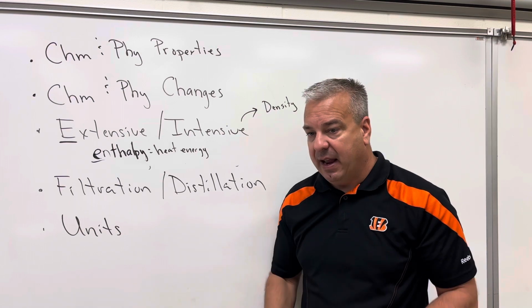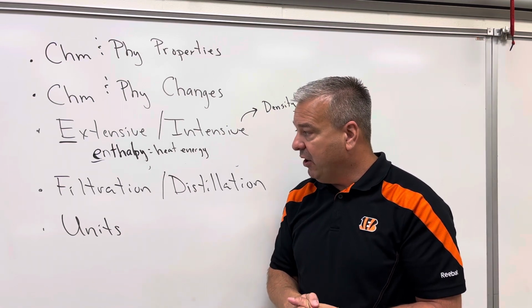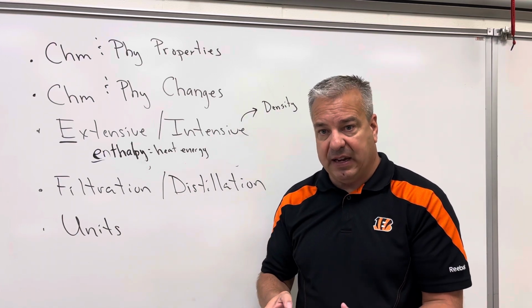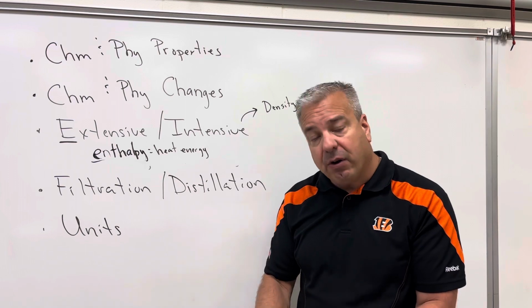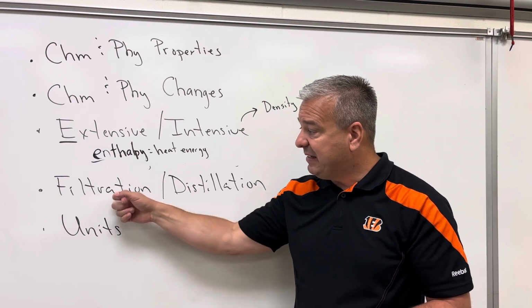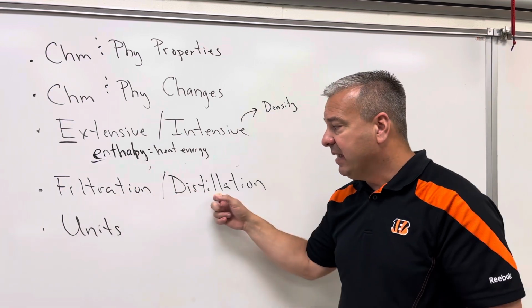And that's the way filter paper works, the way sand filtration works. Things travel through these holes, and the smaller particles make their way through, but the larger particles do not. So it's separation by the size of the particle.